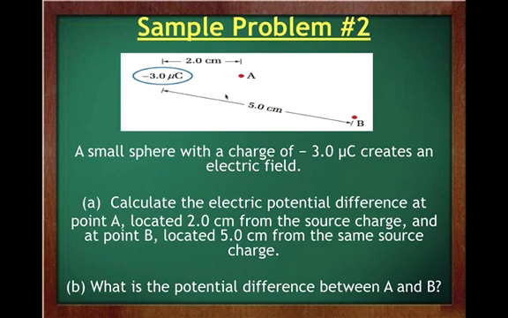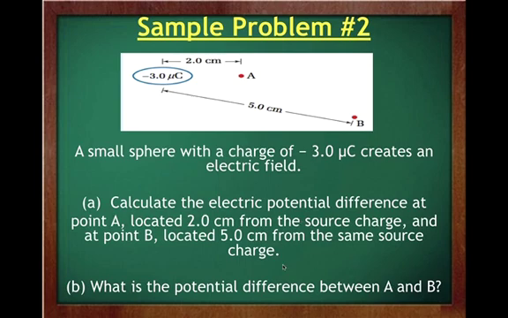We don't need to deal with angles here or anything like that. It's purely a scalar quantity. So we need to figure out the electric potential difference here and here, and then the potential difference between A and B.